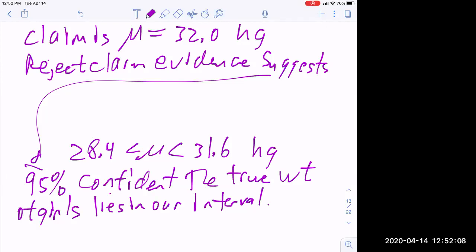So when the claim is outside of our confidence interval, we can reject it. If it lies within, say, the claim was, I don't know, 30, well, we would fail to reject because we have no evidence suggesting that it is not 30.